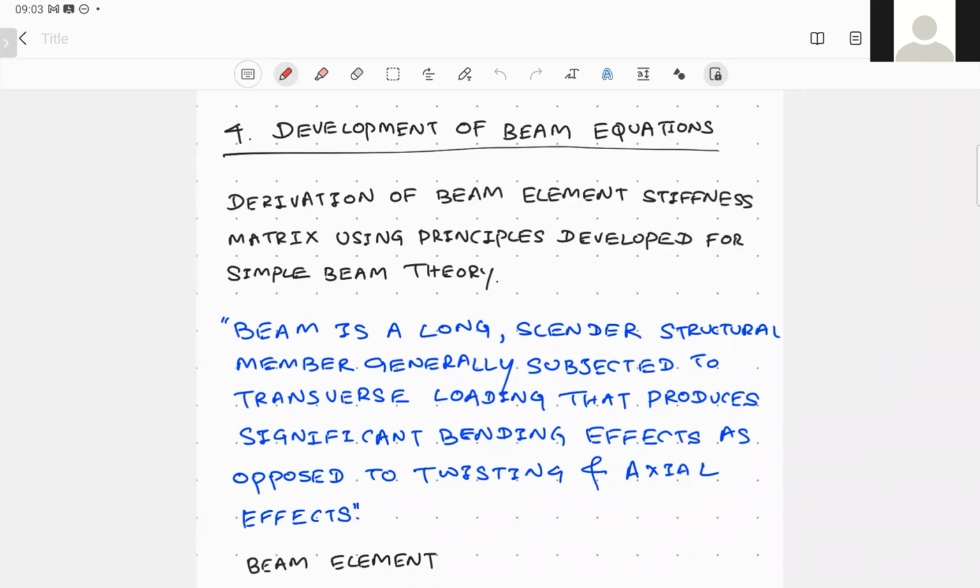I will simply use them here so that you know what is really behind this concept in this course. And then, as usual, we will move on to analyze beam assembly.